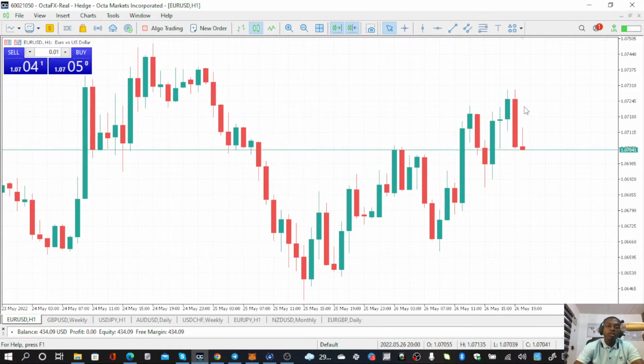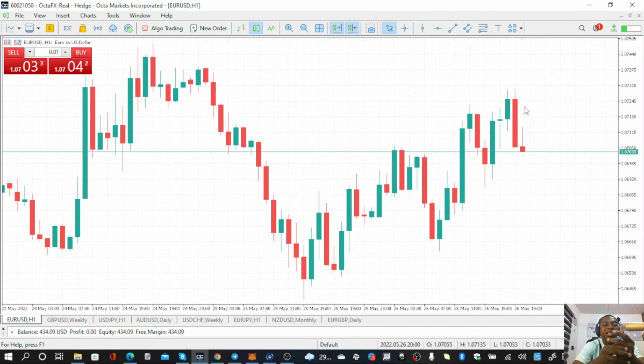But for an intraday trader, they can take advantage of just shorting the market for a short while, and later buying, or waiting for the market to create a reversal and close above this and then buy.